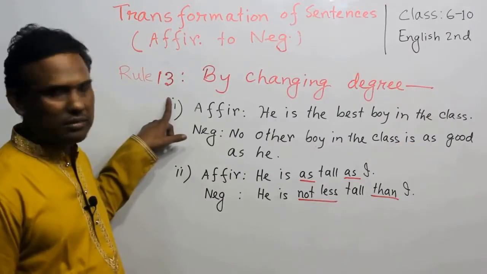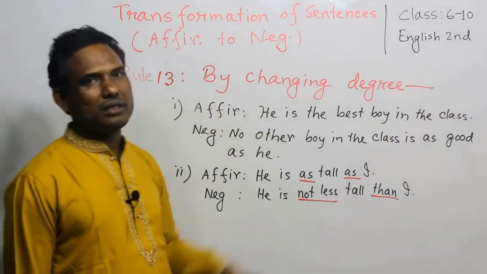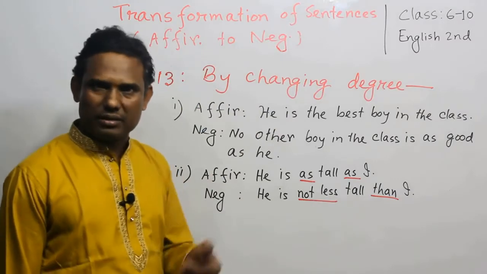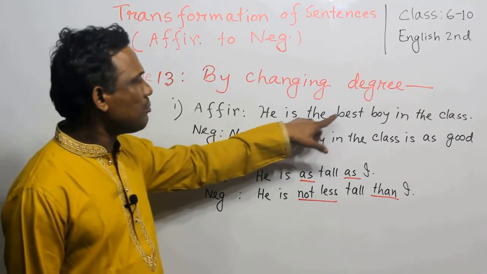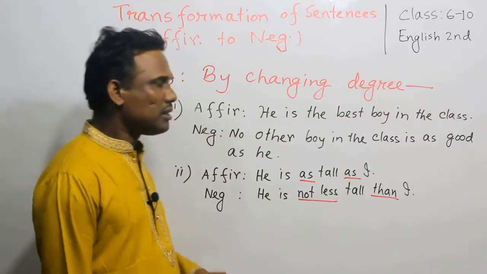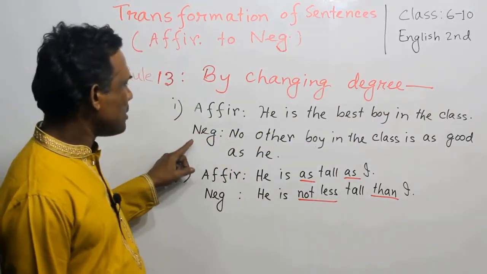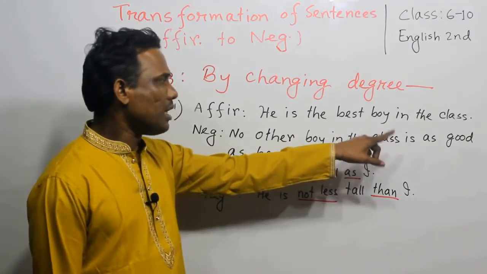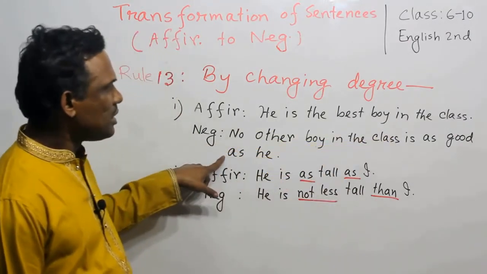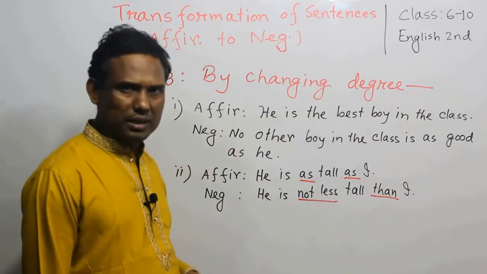Rule 13. By changing degree, a negative sentence can be made. For example, number 1, he is the best boy in the class. Its negative form is no other boy in the class is as good as he. You can see best is the superlative degree.